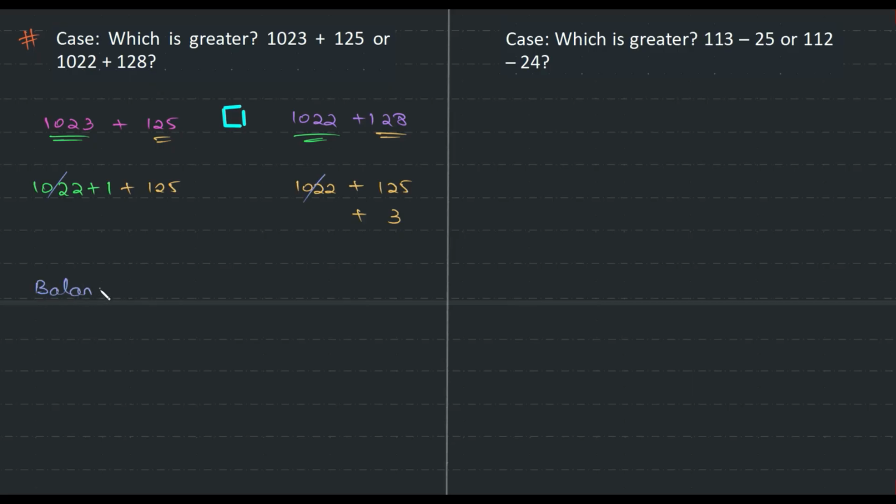So the balancing blocks will be 1022 and 125. Both the sides have 125 and 125. The remaining blocks are simple numbers, 1 and 3. Clearly 3 is greater than 1. And so our answer is the right side expression is greater than the left side expression.